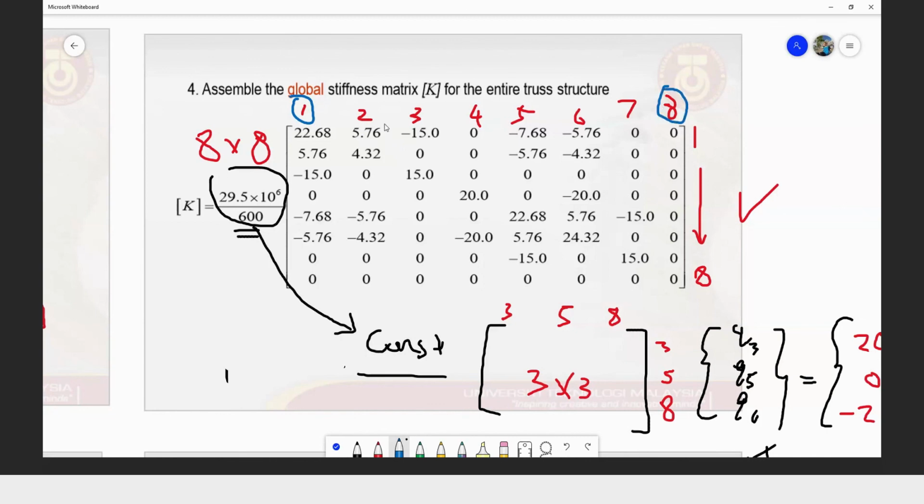So bila kita susun dia macam ini, whatever element connectivity yang kita pakai actually will give you the same result. Bila sampai di stage ni, kamu pakai 1 ke 2 ke 2 ke 1, bila kamu dah assemble, kamu akan dapat value yang sama.